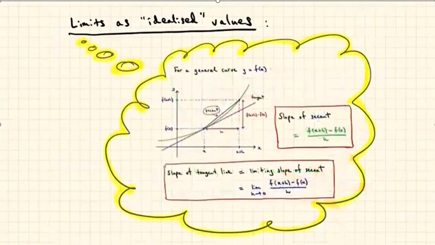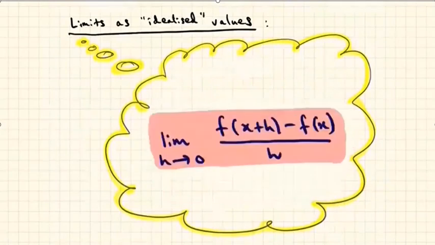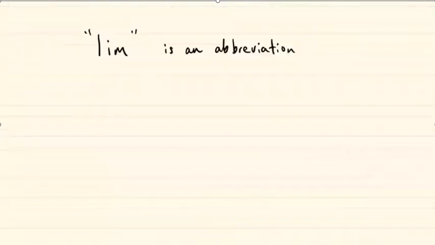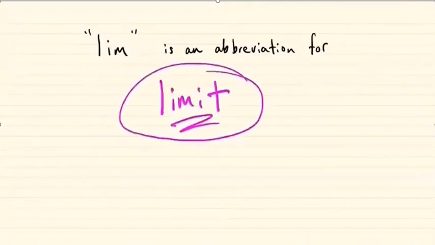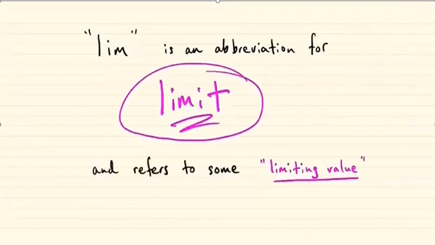We realized that the underlying method works for any smooth curve, leading to the idea of a limit in this notation. LIM is an abbreviation for limit and refers to some limiting value or behavior that is being approached.